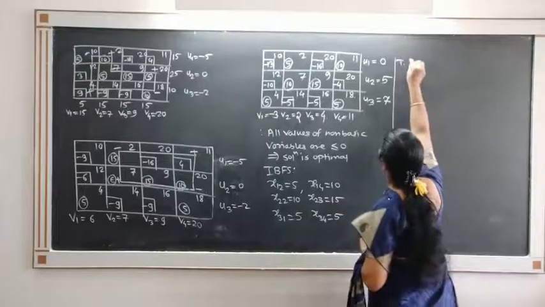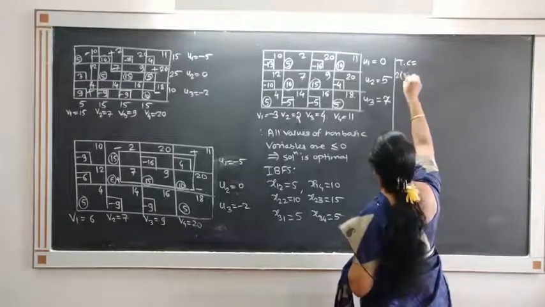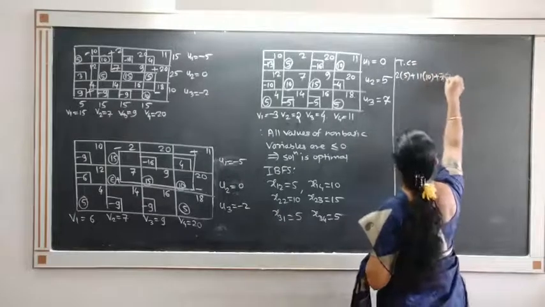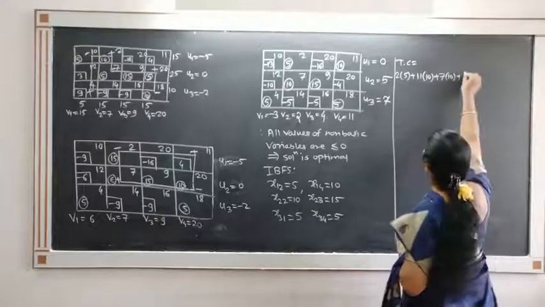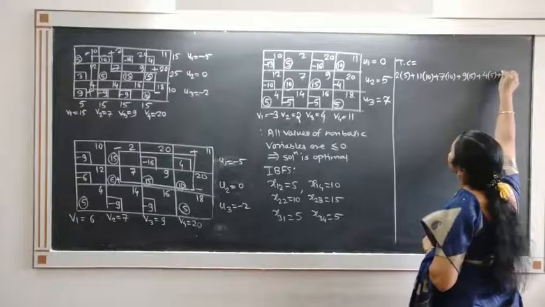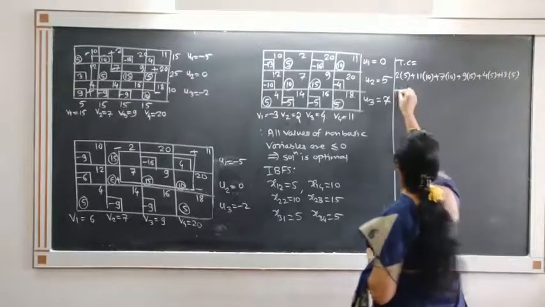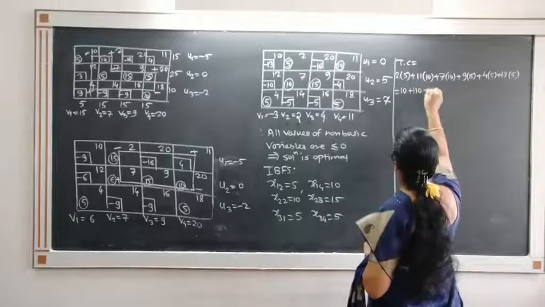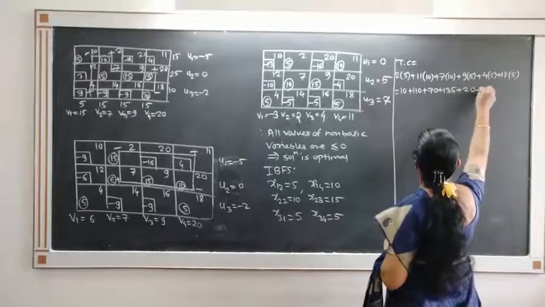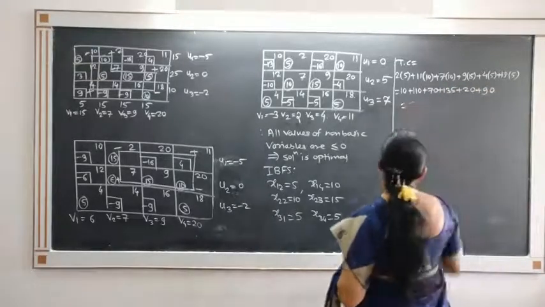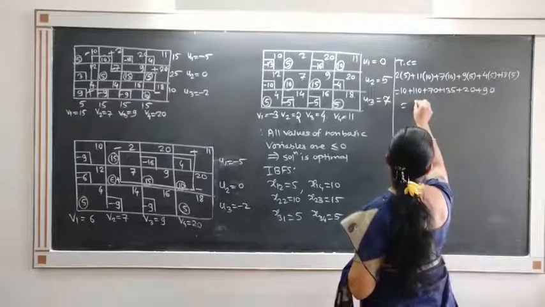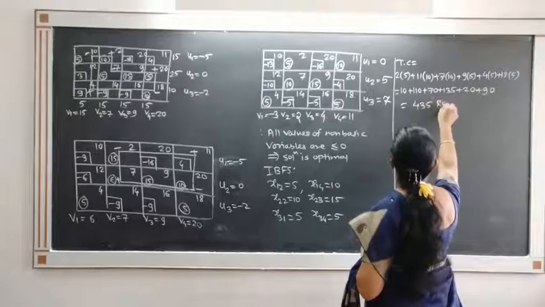The transportation cost comes to be 2 into 5 plus 11 into 10 plus 7 into 10 plus 9 into 15 plus 4 into 5 plus 18 into 5, that is 10 plus 110 plus 70 plus 135 plus 20 plus 90, that is 435 rupees.